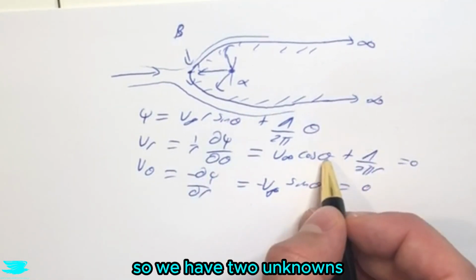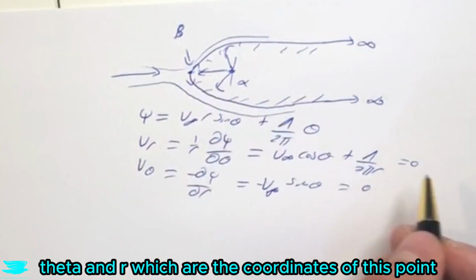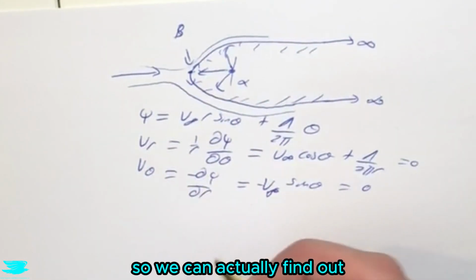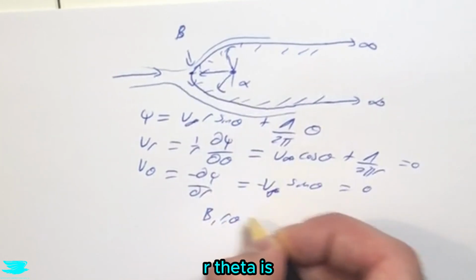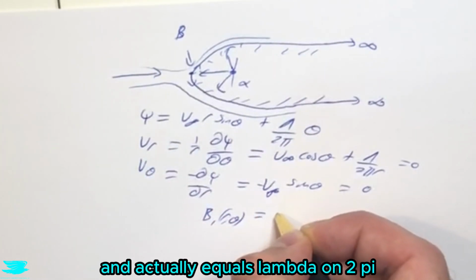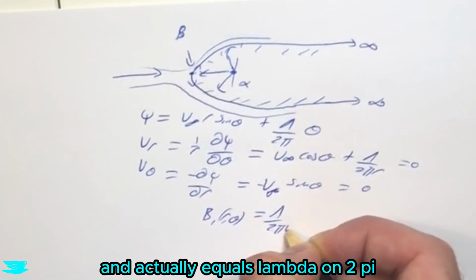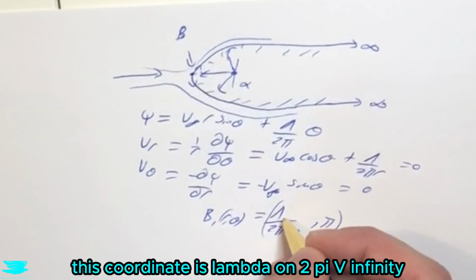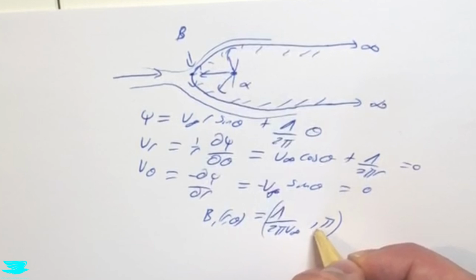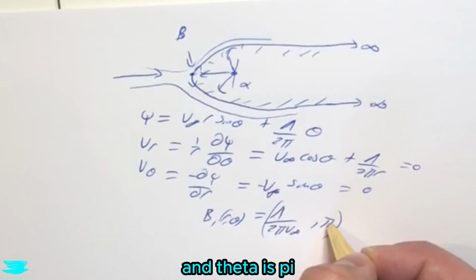So we have two unknowns, theta and r, which are the coordinates of this point, and we have two equations. So we can find out what the coordinates of b, r and theta, are, and it equals lambda on 2 pi v infinity, and pi. So r is lambda on 2 pi v infinity, and theta is pi.